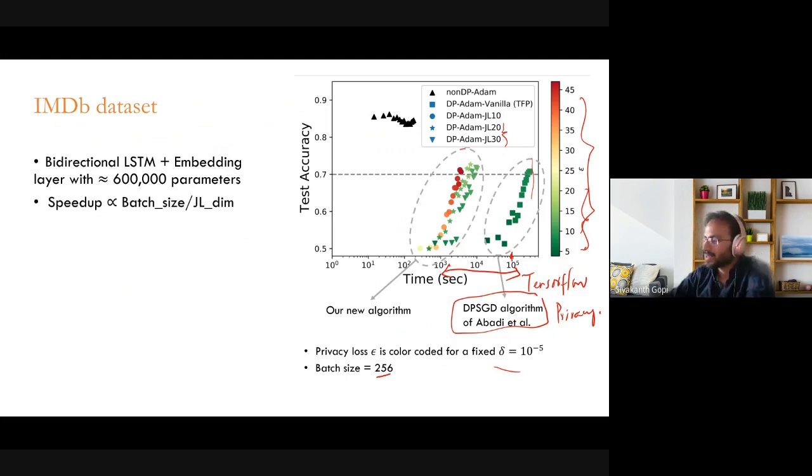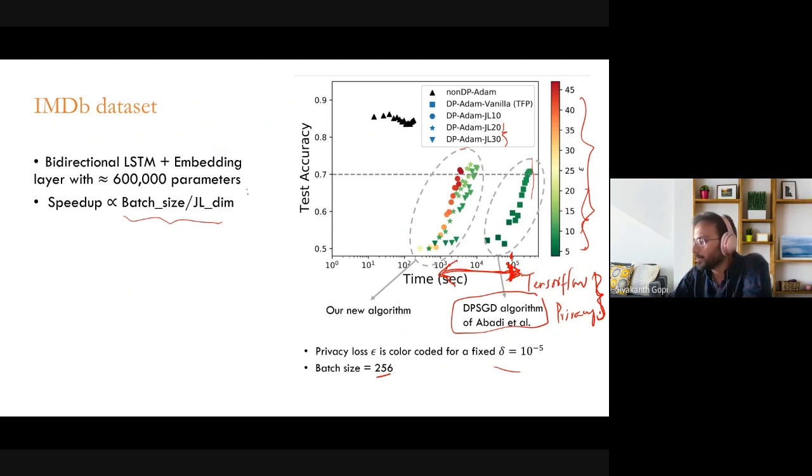It turns out the speed up should typically be proportional to the batch size divided by the JL dimension. But I don't think this is the real speed up that we should expect. I think that TensorFlow privacy is doing something wrong. It should not take this long, because even if you compute the per sample gradients one by one and then remember them, it shouldn't take this long.